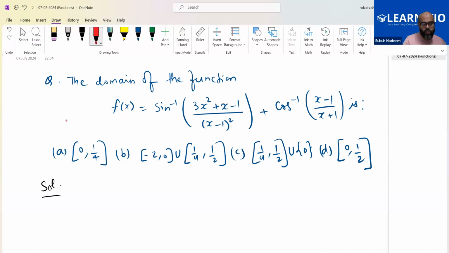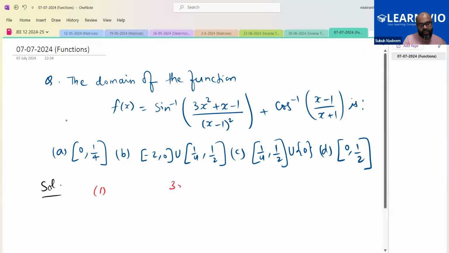So one condition which you will apply is that (3x square plus x minus 1) by (x minus 1) whole square is between 1 and minus 1.